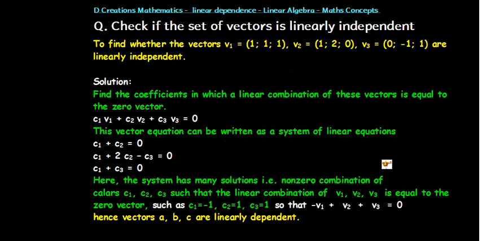So c1 into the first component of the first vector, which is 1, so c1 itself, plus c2 into the first component of the second vector, which is 1, so that gives you c2 itself, plus c3v3, which is c3 into 0, so that vanishes. So the equation is c1 + c2 = 0.